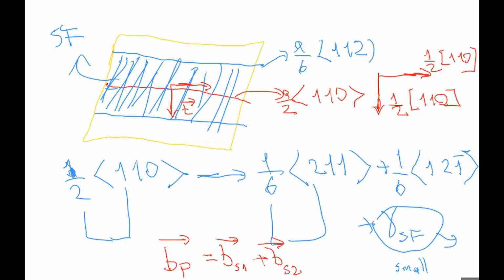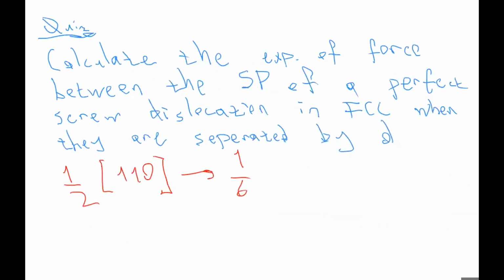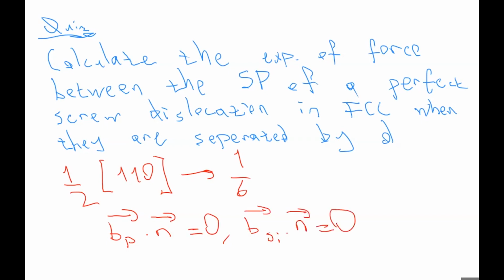And all the Burgers vectors need to satisfy that the Burgers vector of the partials or perfect, dot product with the normal, is equal to 0.